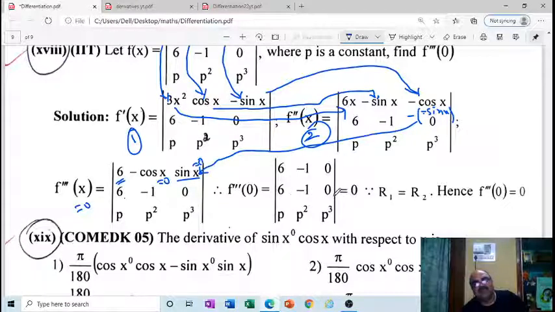Second row is 6, minus 1, 0. If two rows are identical, R1 equal to R2, then the value of that determinant is 0. Friends, if you can guess this much without solving it, its answer would be 0. You are the best.